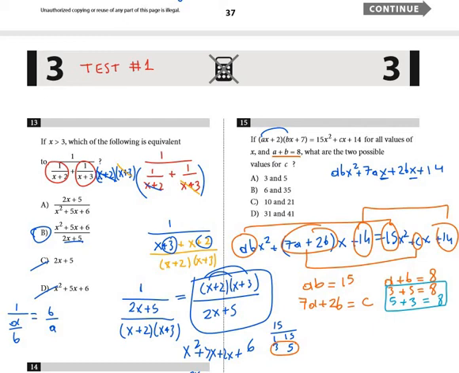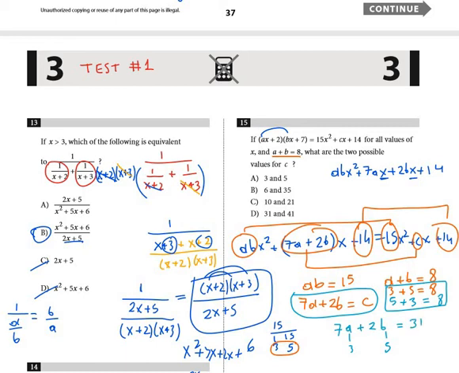So here we know c is 7a plus 2b. So a is either 3 and b is 5, which will give me 7 times 3 is 21, 5 times 2 is 10, so it's going to be 31.